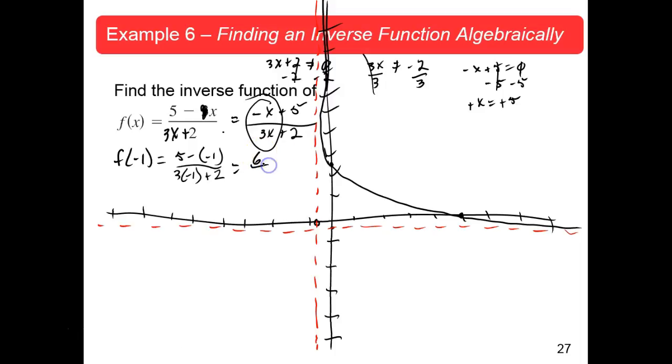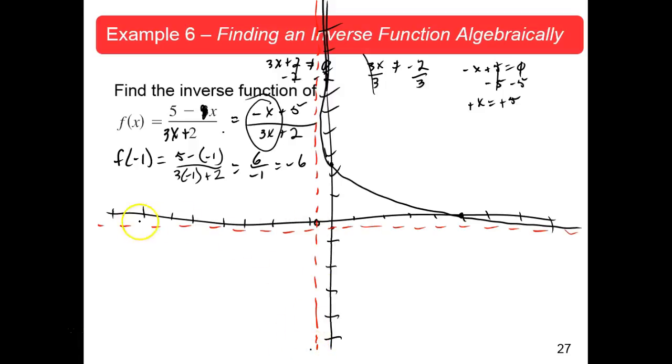And what's 3 times a -1 plus 2? -1. So this will be 6 divided by -1, which is -6. So at x equals -1, your y is 1, 2, 3, 4, 5, somewhere way down there.